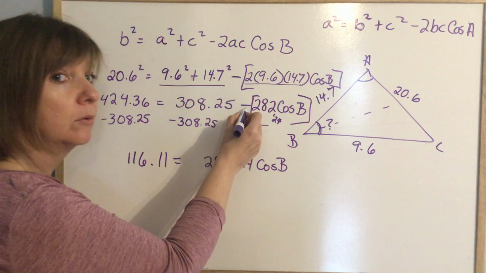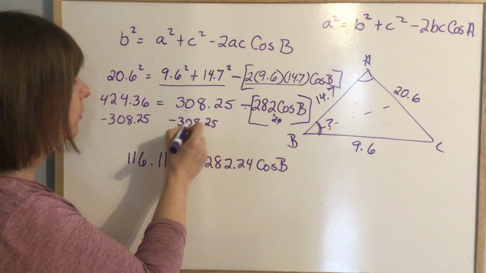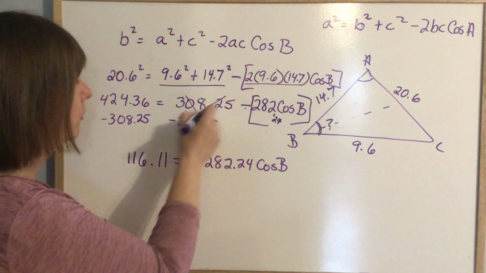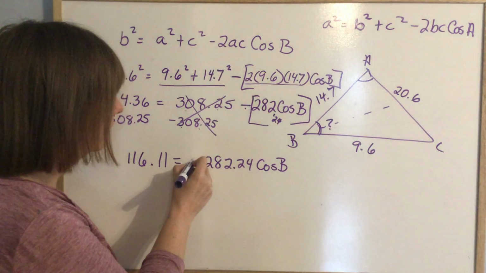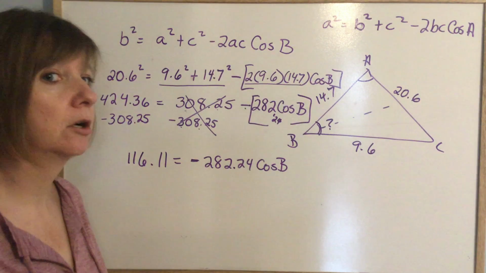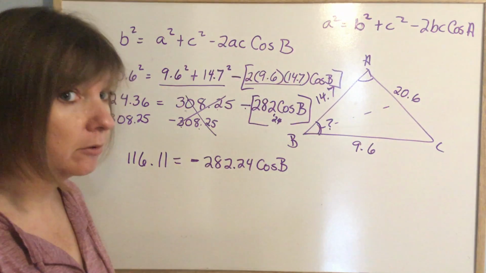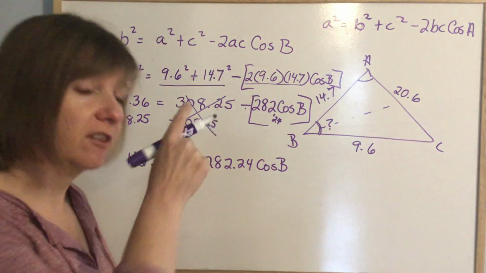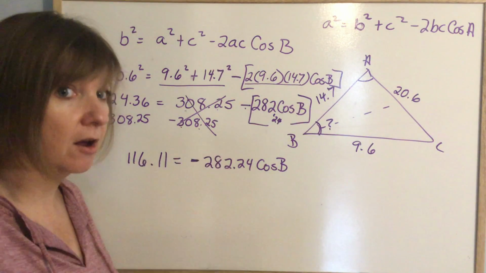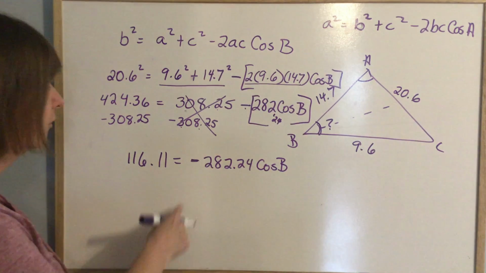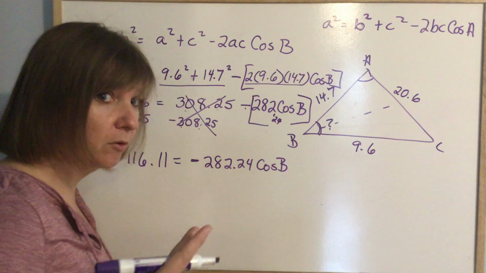I took 308.25 and I subtracted 308.25, so that's gone. But the negative didn't go anywhere, so it should still be here. Did I say that enough times yet? If a teacher says it three times, it's important. So the negative should still be there.